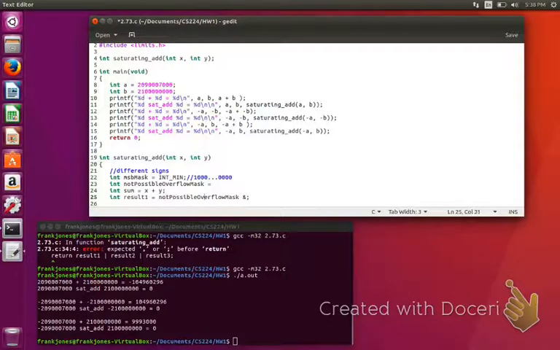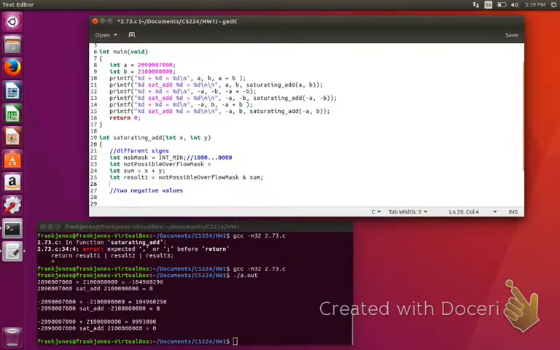Okay, so if I've computed the sum, and I can create this cool mask that's going to be all 1s if I know there wasn't an overflow, and all 0s if there possibly was an overflow, then this line here will make sure that whenever the signs were different and it's not possible that there's an overflow, then result 1 will have a meaningful value in it, and otherwise it'll just have 0 in it.